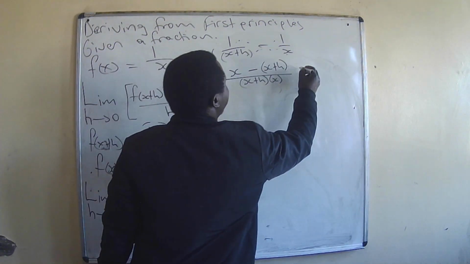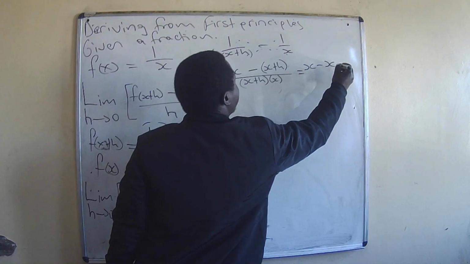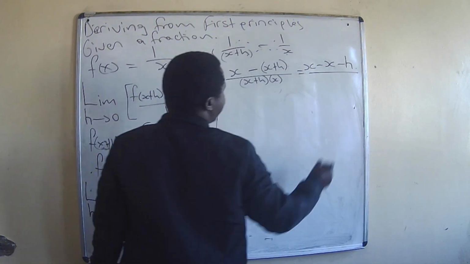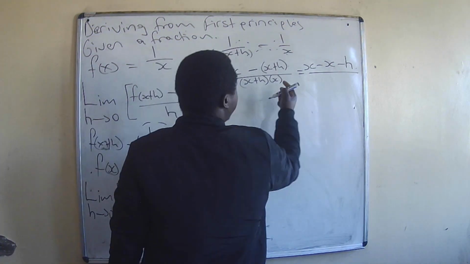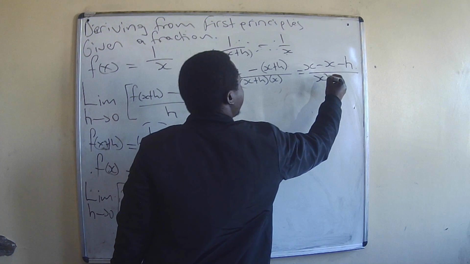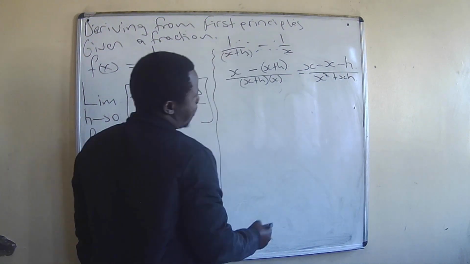We are going to have x minus h divided by, we are going to divide by x enters here, x squared plus xh.